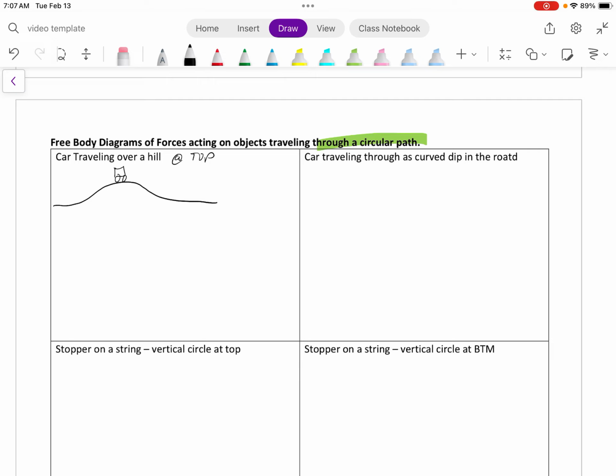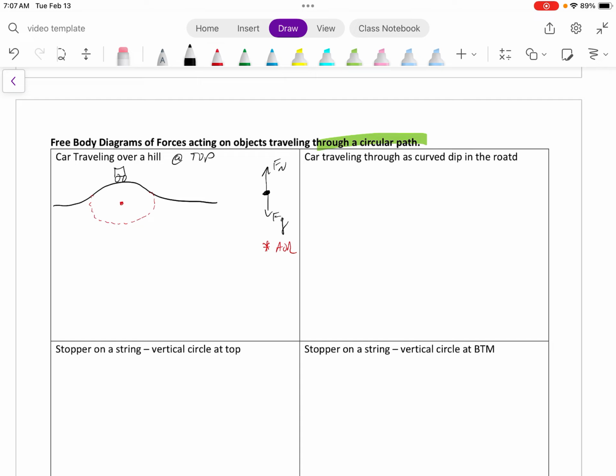And if I draw a dot that represents the car, the forces acting on the car are force normal and force of gravity pointing downward. Now you need to imagine that this curvature, this hill, is a part of a circle, and this axis of rotation, which I highly recommend putting near your free body diagram, is actually below.